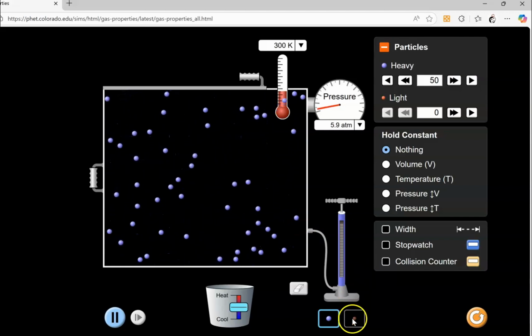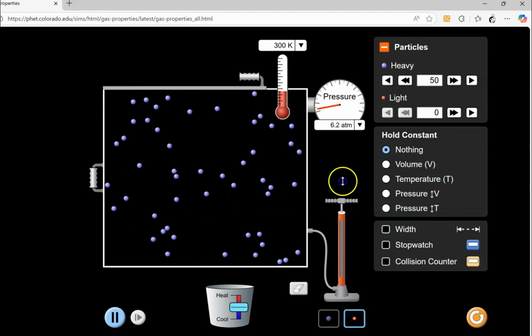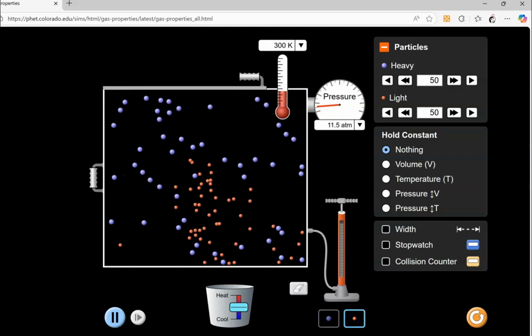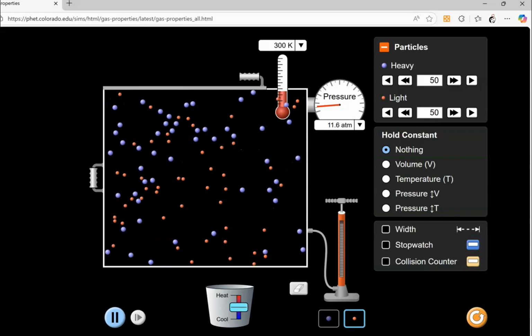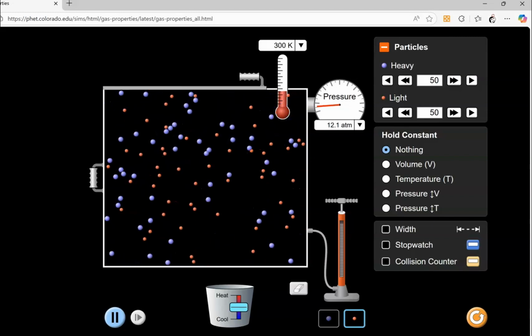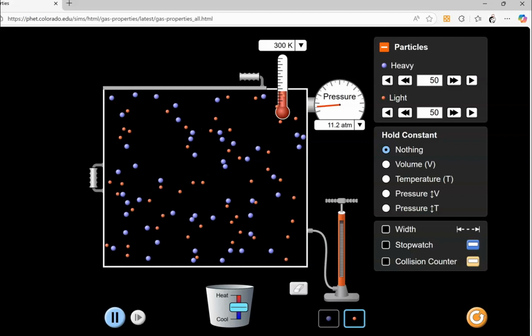Notice that if we were to inject a sample of our smaller molecules, whoa, those guys are flying. Notice that they're all at the same temperature.